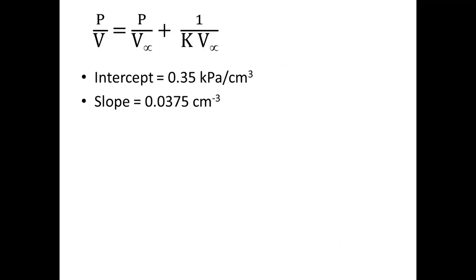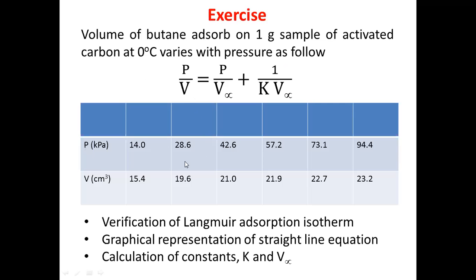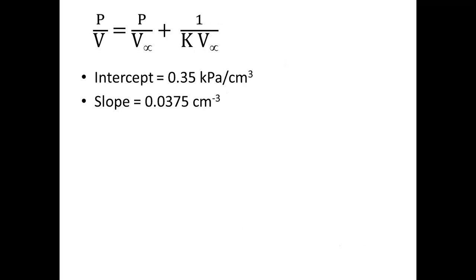Now I am going to give you the value of the intercept and the slope. You may get the value when you plot on the axis, or even you can do it manually. You can plot the graph manually, and these are the two values you are getting from the slope and the intercept.